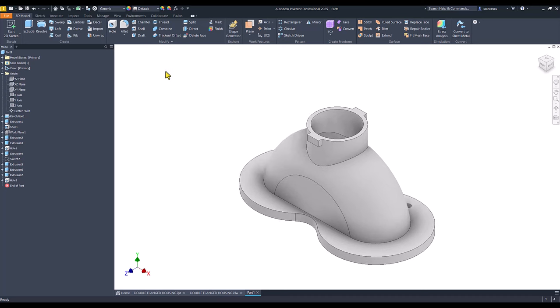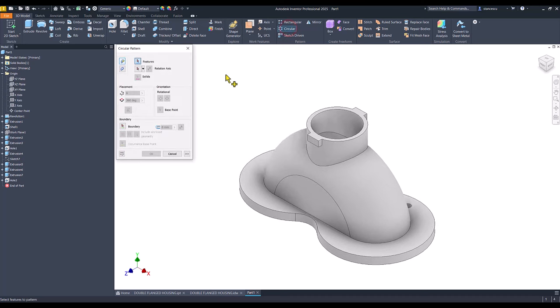Now I apply circular pattern of this last feature about this axis, but not 6, 4 times and 180 degrees the other direction.